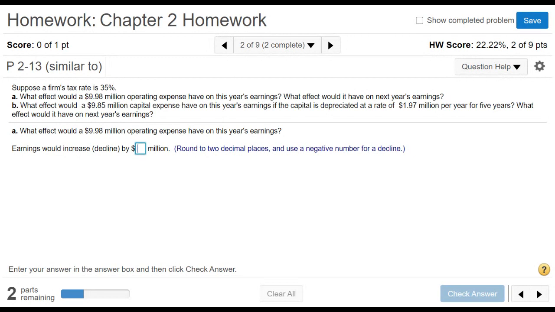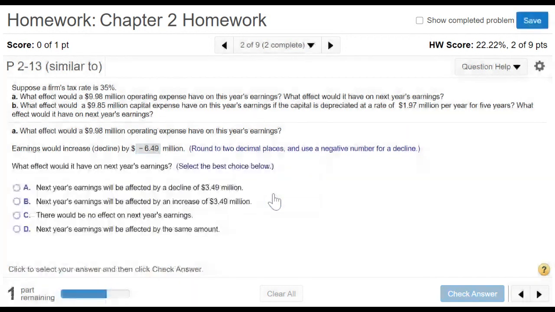Negative 6.49. Now we're talking. Good job. Now, why is it negative?